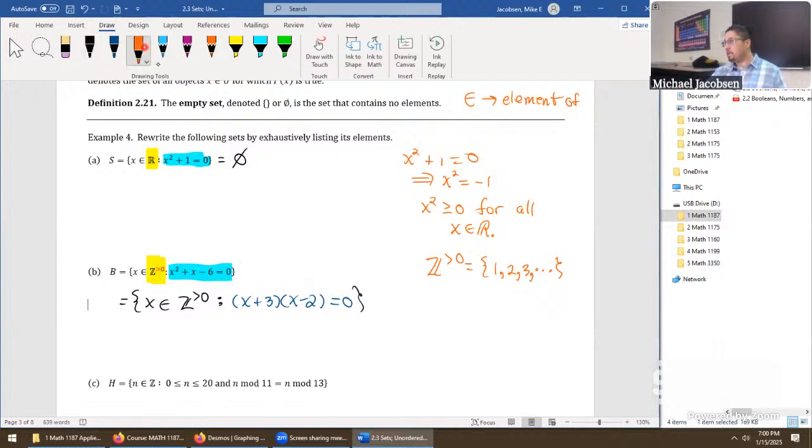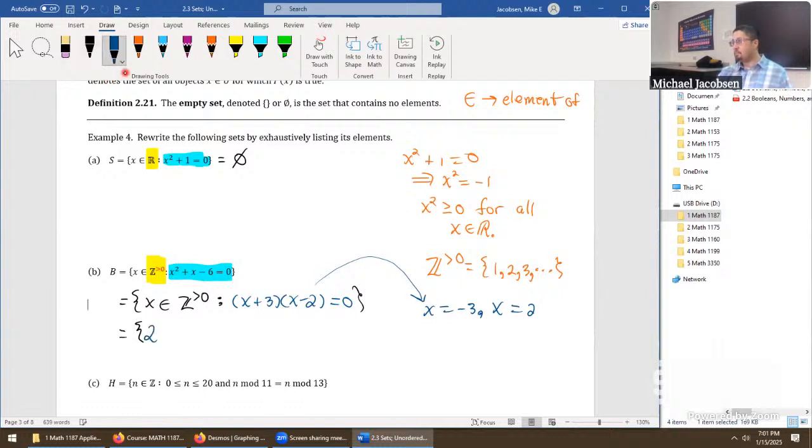We have from here, x would be equal to negative 3, or x would be equal to 2 when we're considering that equation. But not both of these are actually members of the set because they have to come from this universe. We're only allowing into this set the positive integers. So when we go to the next step, this set contains exactly one element, positive 2.